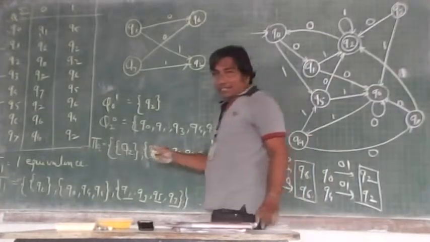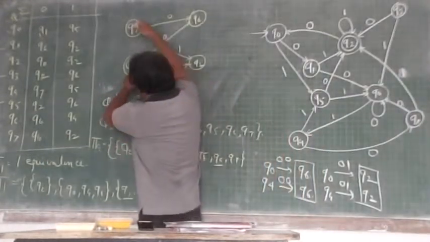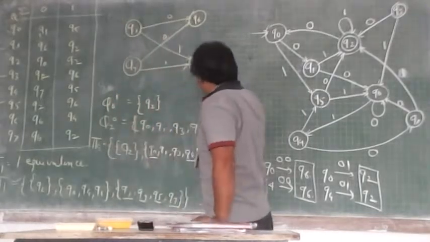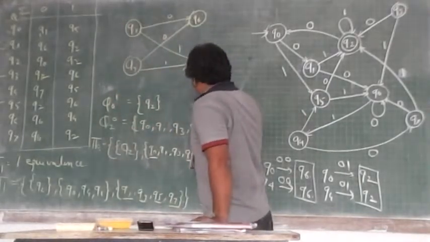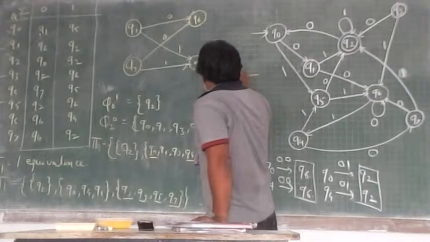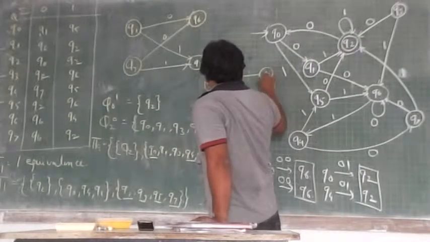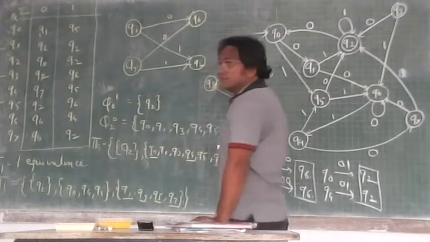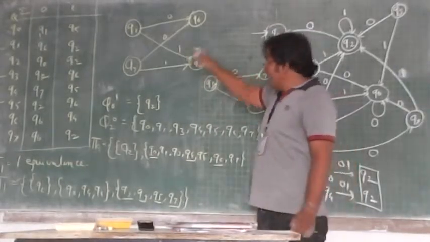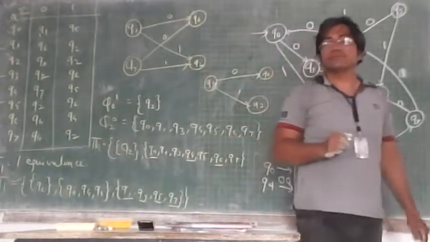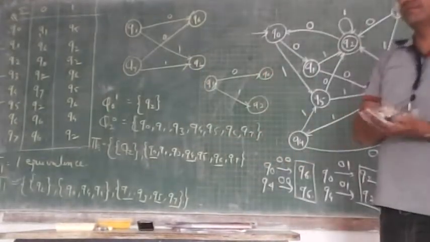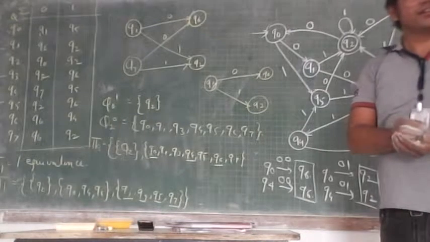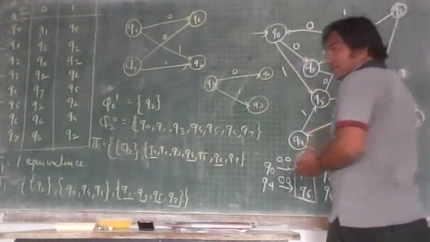So in this case, what happens if I merge this Q1 and Q7? The equivalent diagram I can get Q17 for 0, Q6 for 1, Q2. Aren't these two equivalent? Equivalent है कि नहीं? Then they are one equivalent.